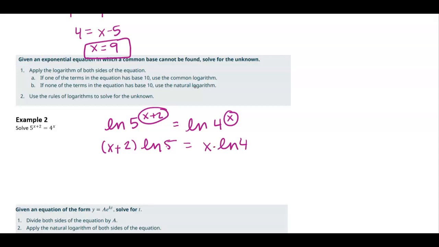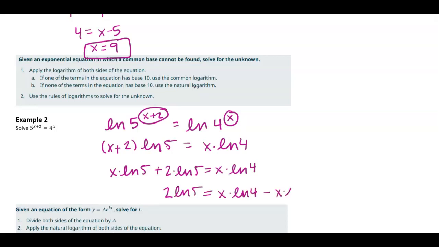I'm going to then distribute this natural log of 5. I'm going to subtract, and I'm going to factor out an x.